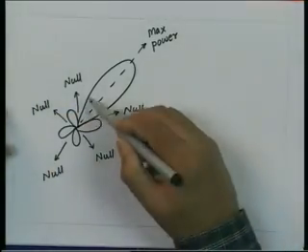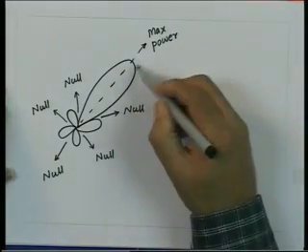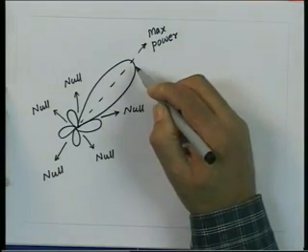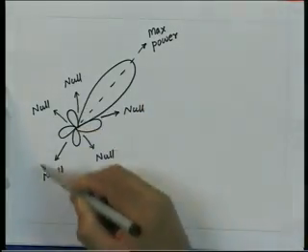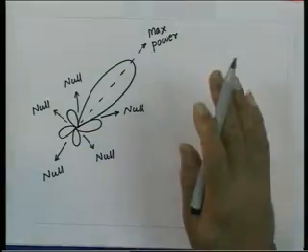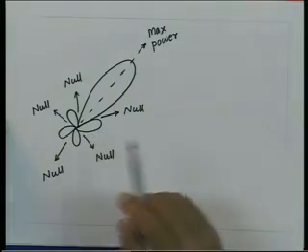So in this particular radiation pattern we have the direction in which maximum power goes, and then we have these 5 directions in which no power goes. The electric field is 0 in these directions.